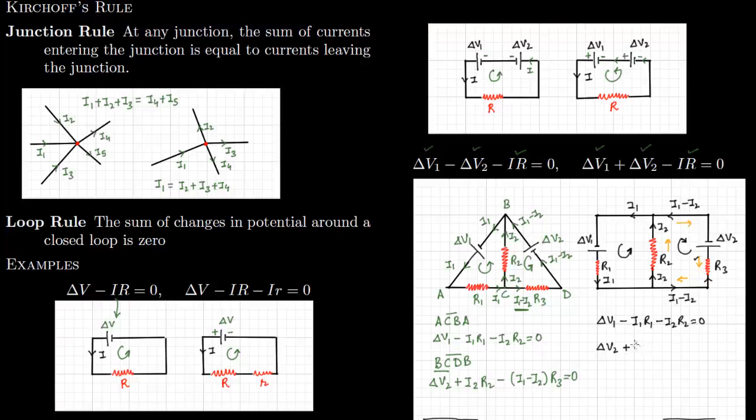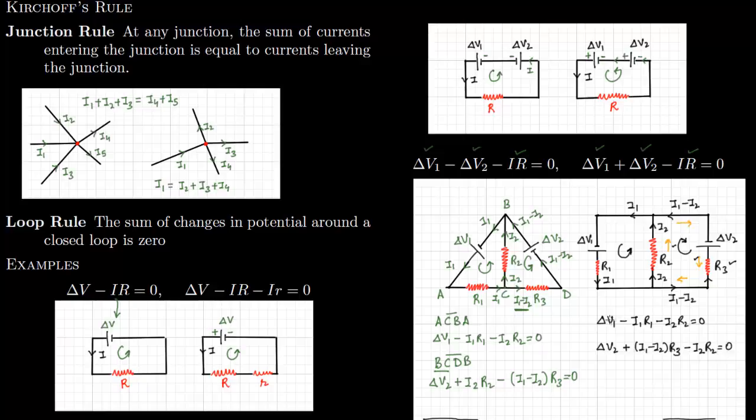So plus I1 minus I2 times R3. So we are going from here. So this resistance is done. Now we focus on R2. Now on R2 you see that loop and the I2 are in the same direction. So we don't have to worry. So you just have minus I2 R2 equal to 0.